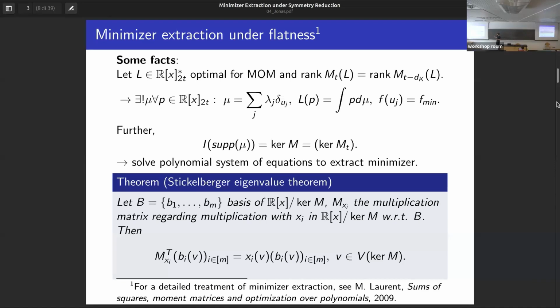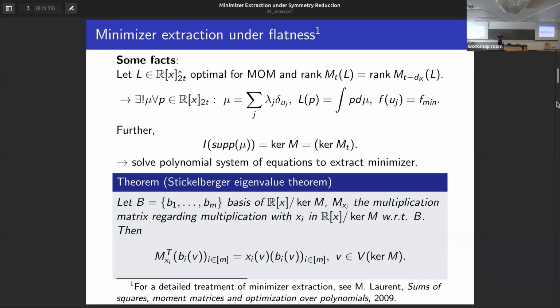So you can express this multiplication with these so-called companion matrices, M_xi. And the eigenvectors and the eigenvalues of the M_xi will give you information about the minimizers that you're trying to get. So this is this last equation here. Okay, so this is a very reduced summary of minimizer extraction if you have flatness.